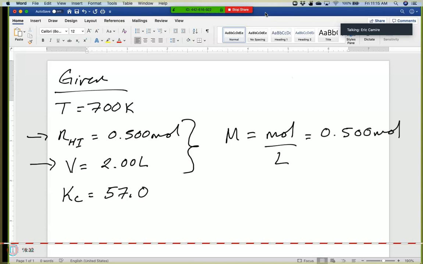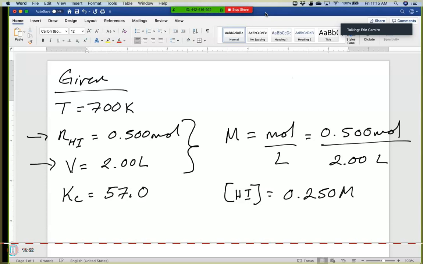Because what I see here is I have a half a mole in a 2-liter volume. If I do that math out, the concentration of HI ends up being 0.250 molar. So in the future, like I said, I will simplify things where I'm not going to give you that extra step. My main goal is let's get to the heart of things rather than trying to do everything.